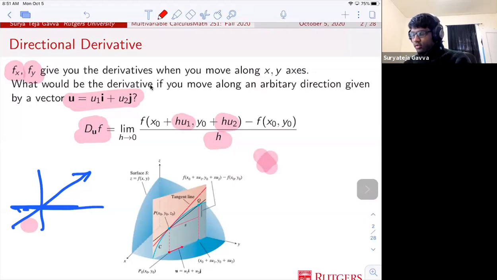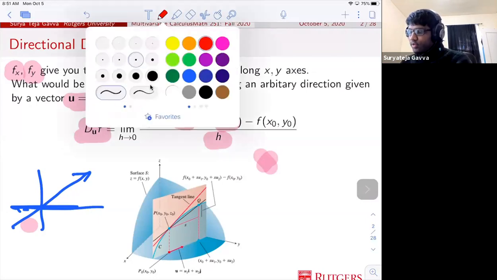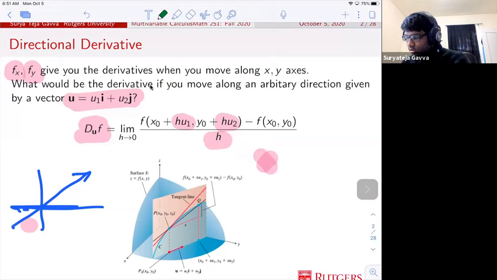So if you draw a plane passing through this, so for instance, if you have a function f of x, y, and so the rate of change as you move along this u direction. If you move along the u direction, then on the surface you move along some curve, right?